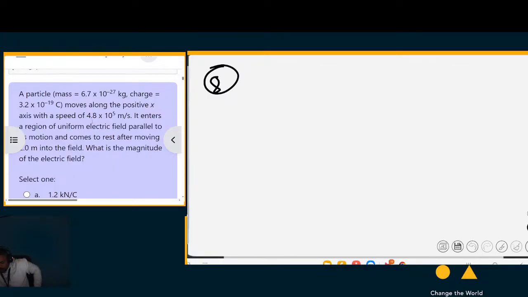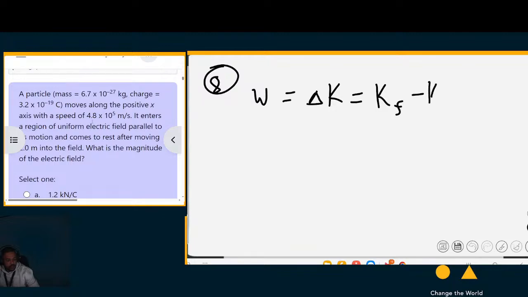And what you should know is that the work done by this particle is equal to the change in the kinetic energy. That's the work-energy theorem. That means the change in kinetic energy is the kinetic energy final minus the kinetic energy initial. Now, since the particle comes to rest after moving that distance, the final kinetic energy, Kf, is equal to 0.